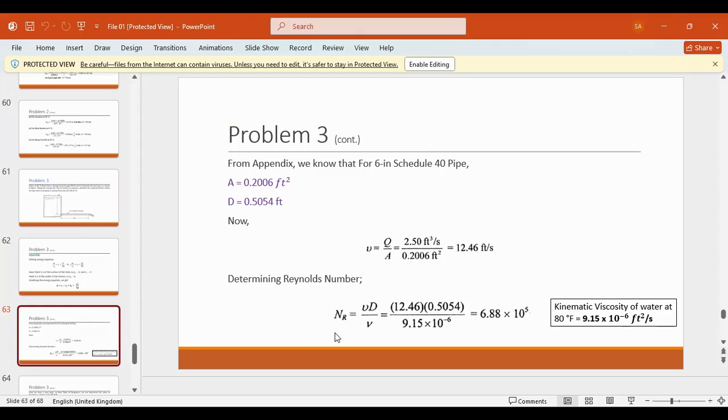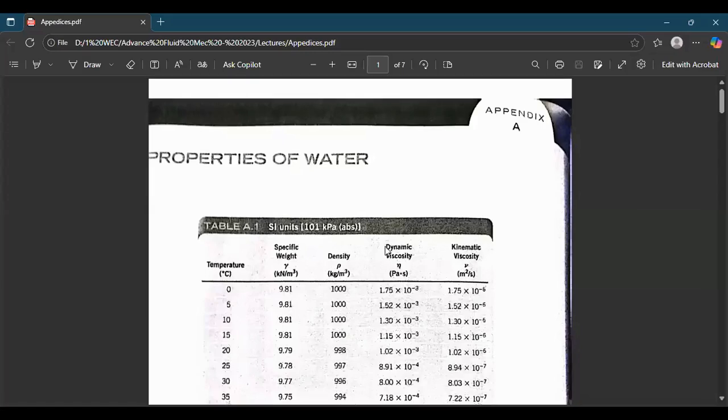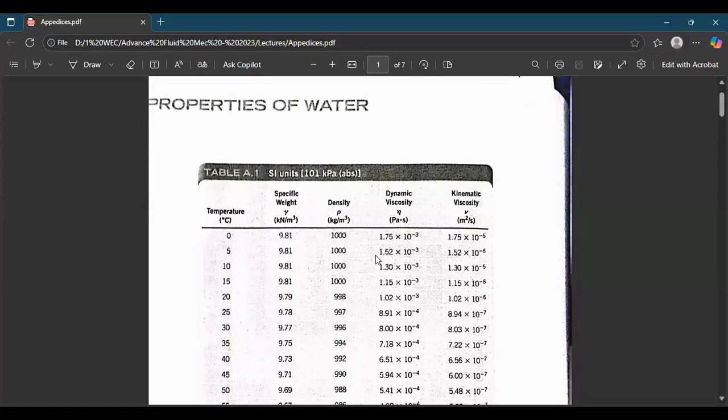So let's move towards the appendix. Just let me show you the appendix. This is the appendix. We have all the values for water, as the flowing fluid is water.